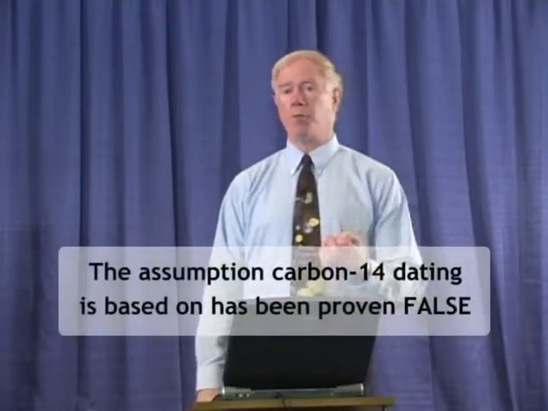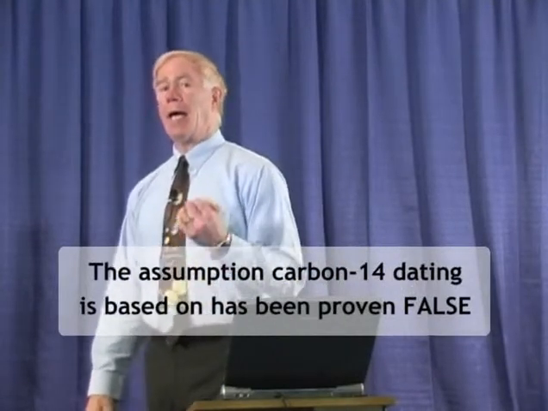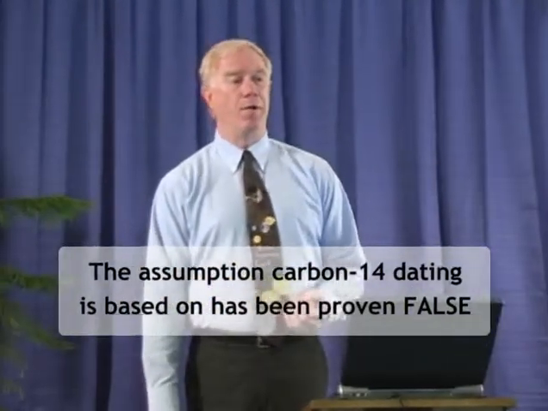Notice the ratio has not always been 1 trillion to 1. It's been much greater. And what does that do to our dating? It tells us that all our dates we take today will give an age much greater than is really true. So, bottom line is, the assumption that carbon-14 is based on has been proven false.